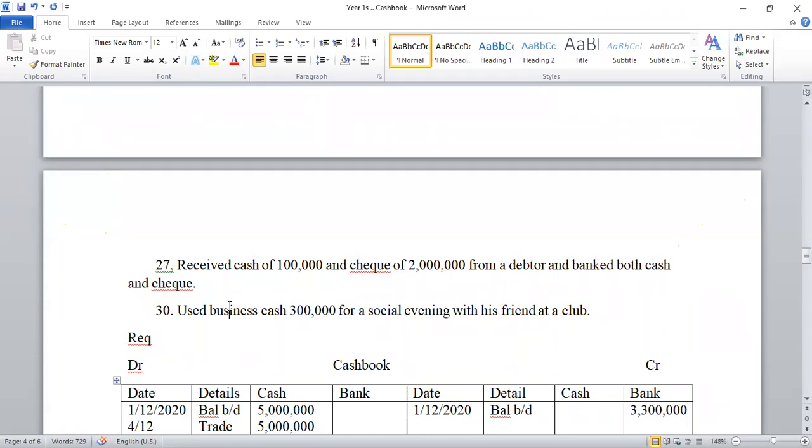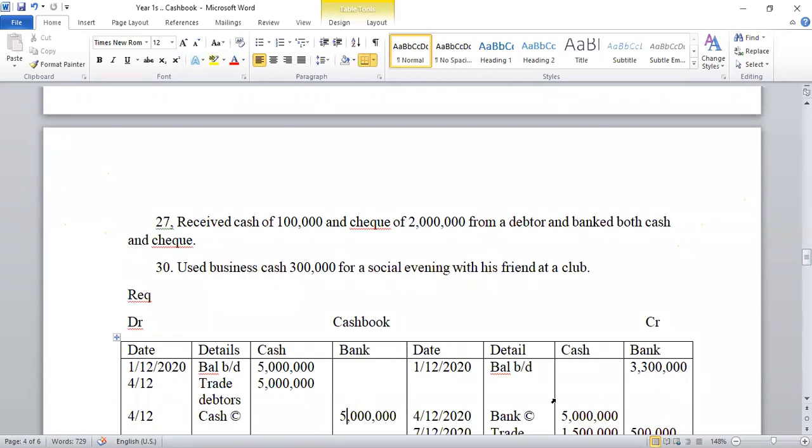But like I've already told you, with the cash book, if they want only the cash book, they are only interested in the cash transaction. So I'm only interested in the credit of the cash. So I'll come to the cash book, go to the credit side under the cash column, and pass that money. It is 300,000.